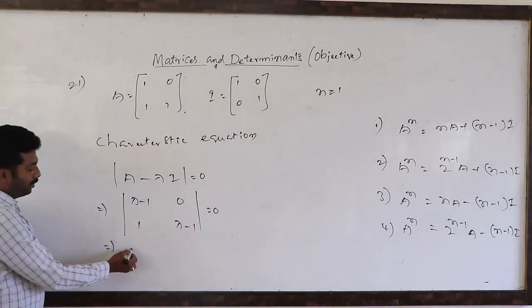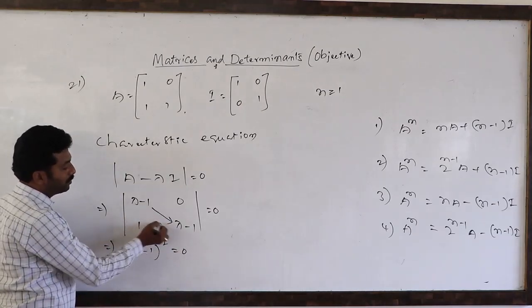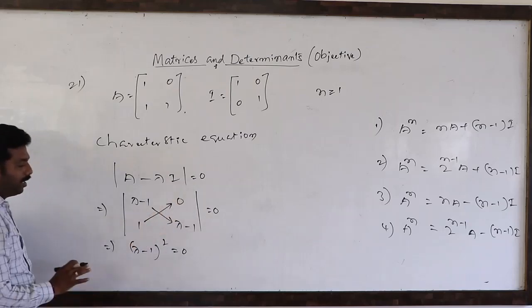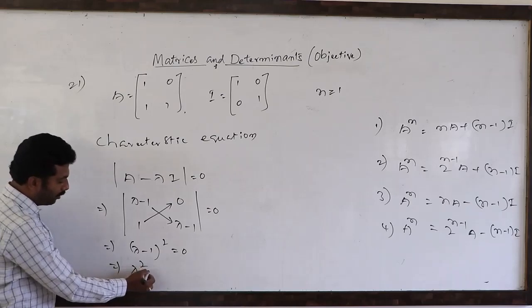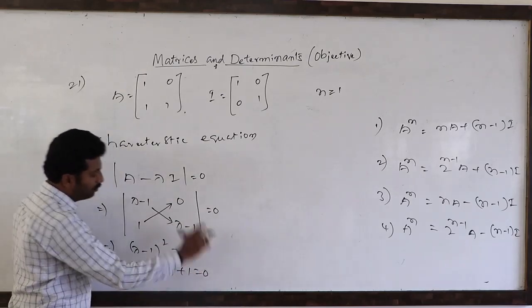From this, lambda minus 1 whole square equals 0, because it is the product of the principal diagonal elements minus the product of the off-diagonal elements. So finally we got lambda square minus 2 lambda plus 1 equal to 0.